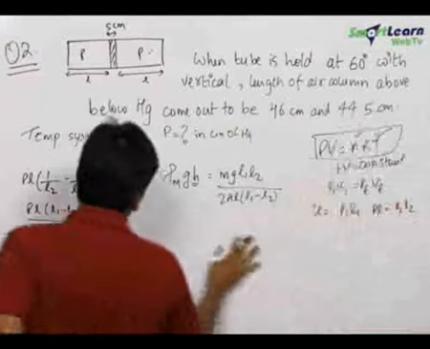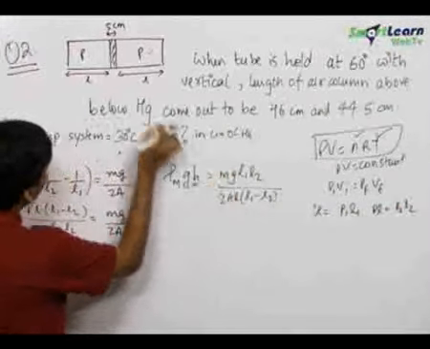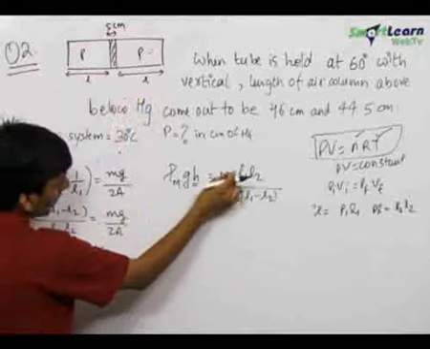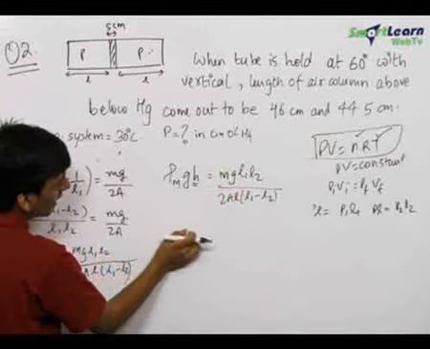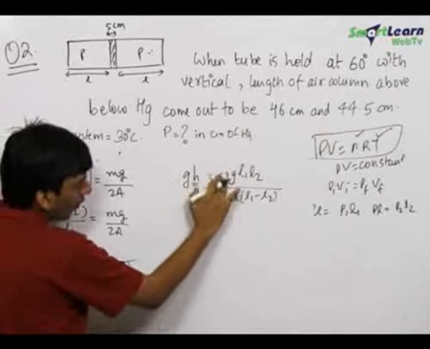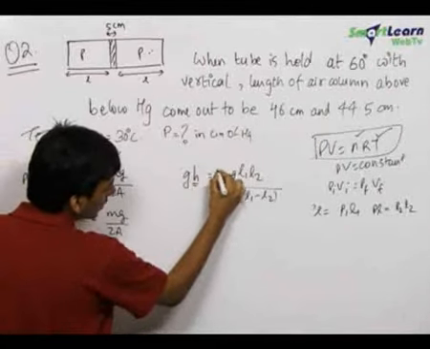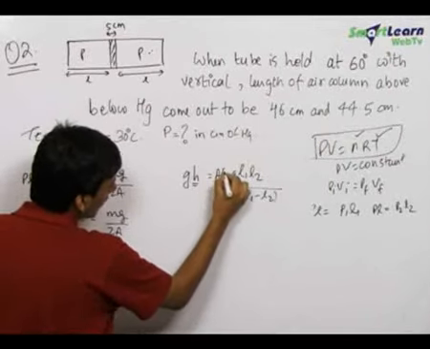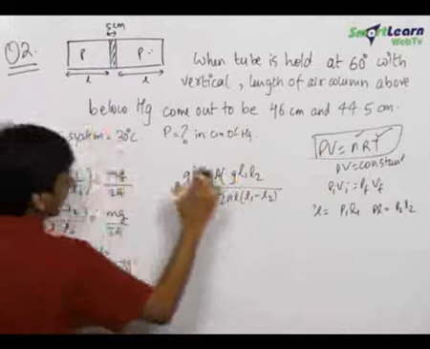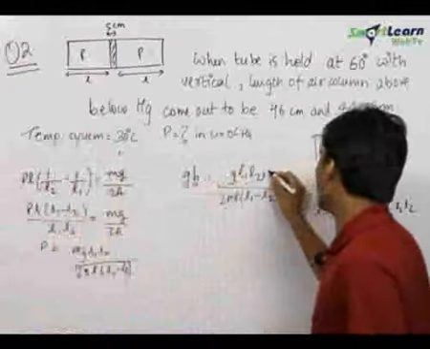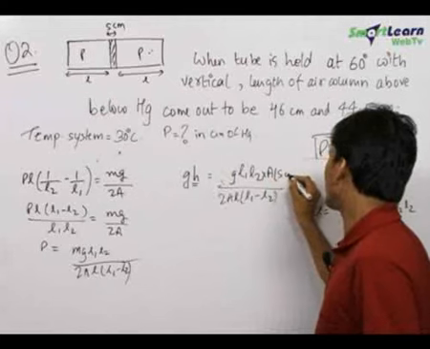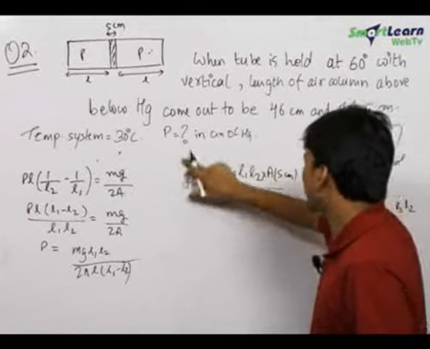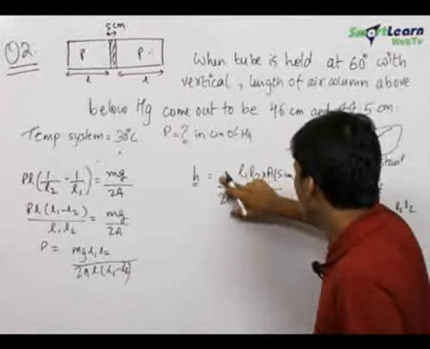Now, this is the mass of mercury over here. Therefore, mass of mercury upon the density of mercury can be written as the volume of mercury, that is equal to A into 5 centimeters. Therefore, let us write A into 5 centimeters over here. This g gets cancelled with the g over here.